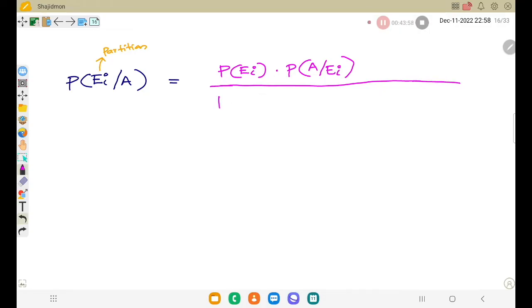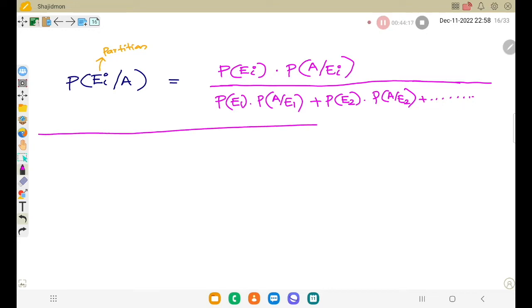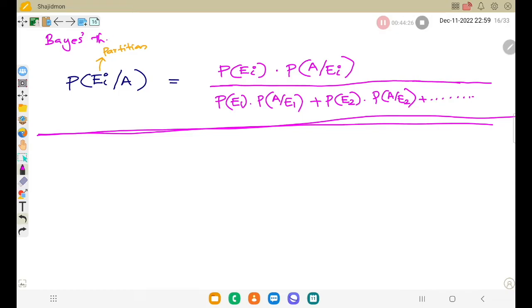Total probability means we start from the first partition: the probability of E1 multiplied by the probability of A given E1, plus the probability of the second partition, E2, multiplied by the probability of A given E2, and it continues like that over the full partition. That is the total probability, correct? So this is the idea here in Bayes theorem. This is what we call the Bayesian rule, Bayes theorem or Bayes rule, correct?